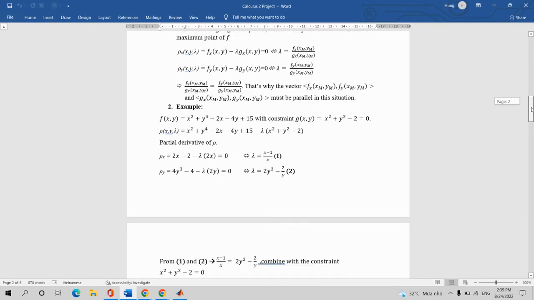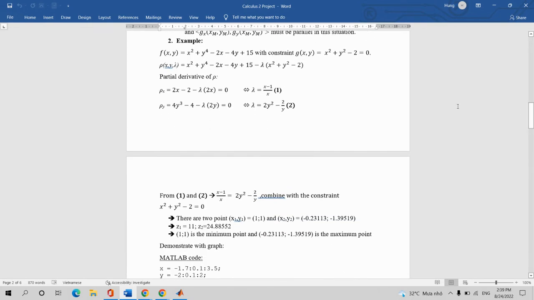For example, we have the function f(x,y) equal to x squared plus y to the power 4 minus 2x minus 4y plus 15, with constraint g(x,y) equal to x squared plus y squared minus 2 equal to 0, and P(x,y,lambda) equal to x squared plus y to the power 4 minus 2x minus 4y plus 15 minus lambda multiplied by (x squared plus y squared minus 2).